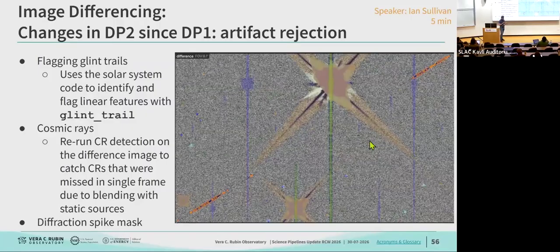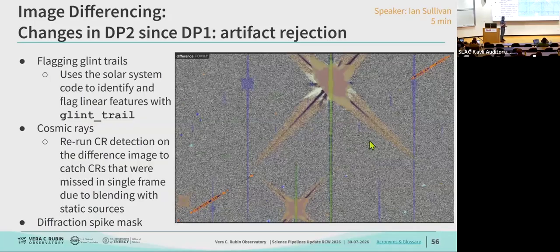Now we are using some of the code developed in Solar System in order to identify these linear features and at least flag them. In the DiaSource catalog, there will be a glint trail column, and that can tell you if the source you're looking at is likely contaminated by one of these debris trails.